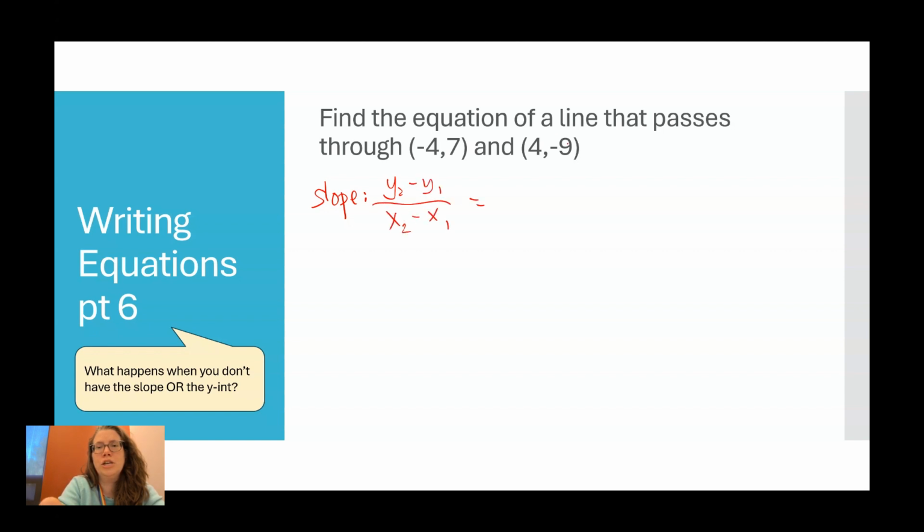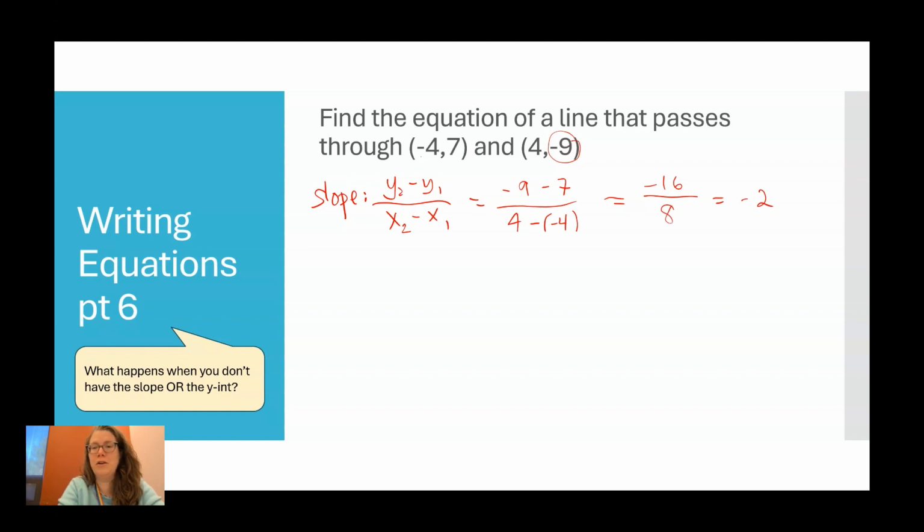Change in y here, I'm going to go -9 minus 7 over 4 minus -4. Turns into -16 over 4 plus 4, which is 8. And this one simplifies so nicely. -16 divided by 8 is -2. So I know my slope is -2.